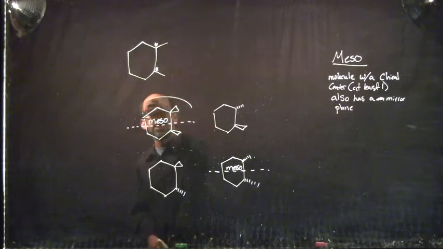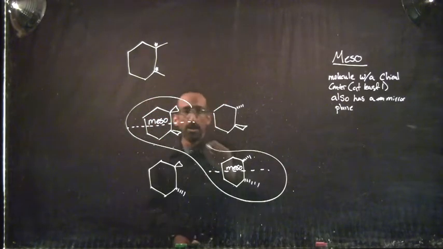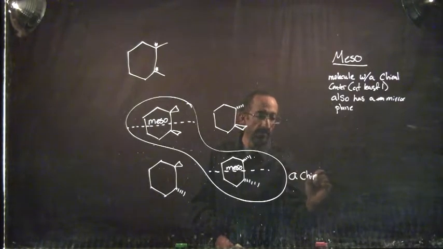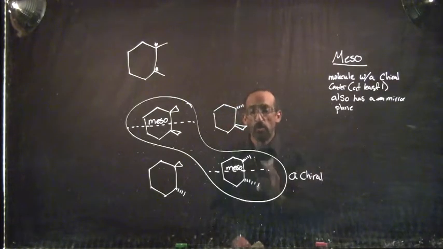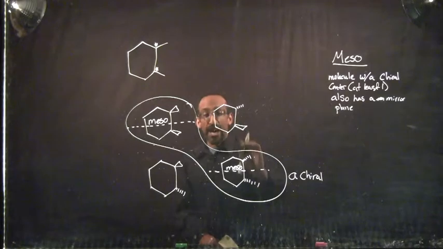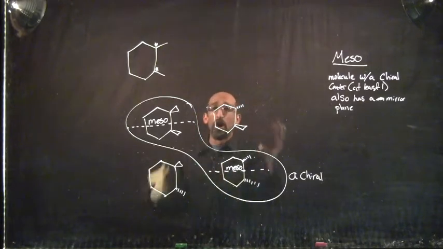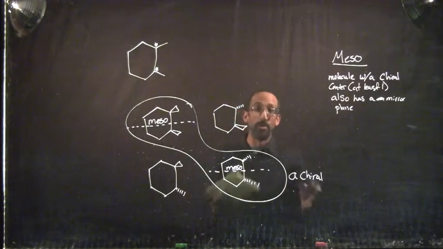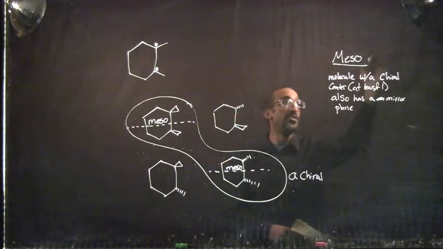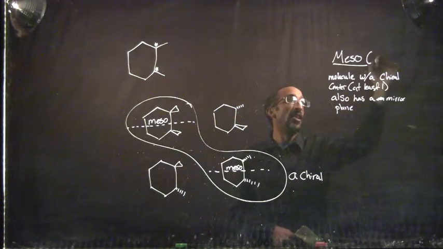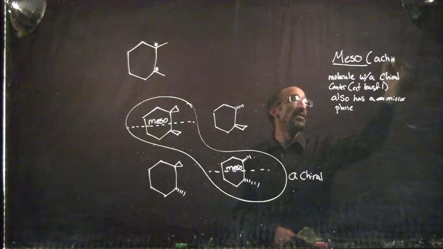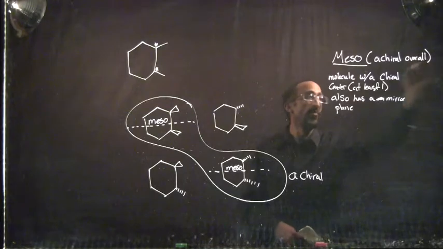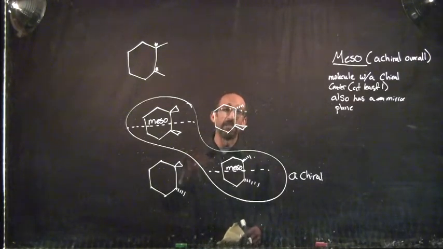And these two configurations are actually achiral. Right? So while they have chiral centers, the overall molecule is achiral. It will not rotate plane polarized light, right? So meso are achiral overall. Okay? They still contain chiral centers.